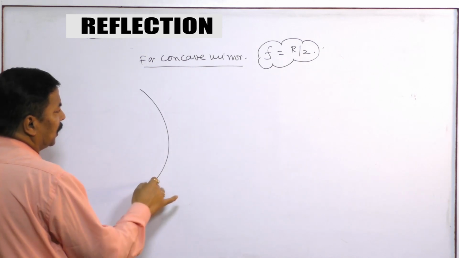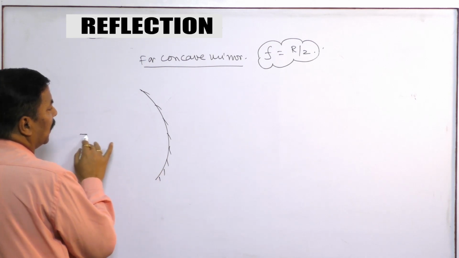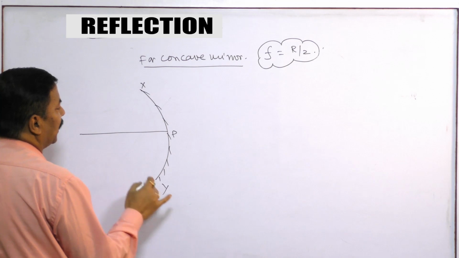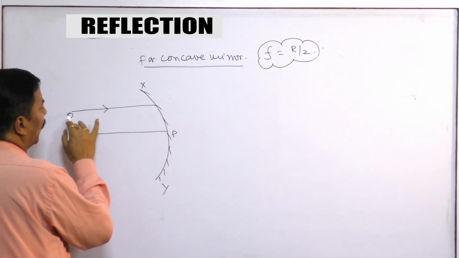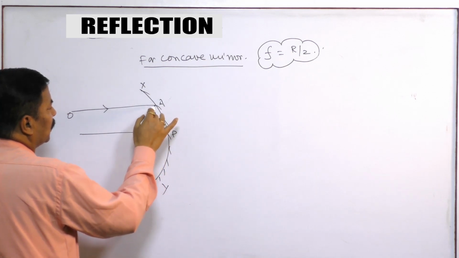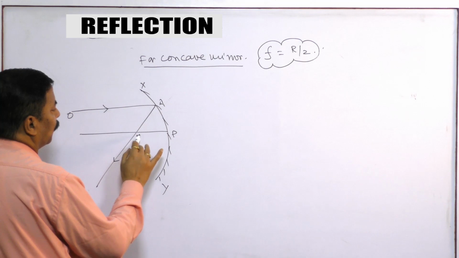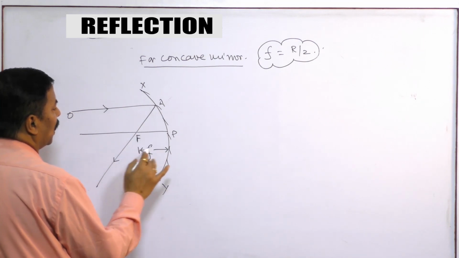Let us suppose there is a concave mirror of a small aperture and the name of the mirror I am giving is XPY. Here is the incident ray OA, which after reflection passes through focus F. This distance is small f.